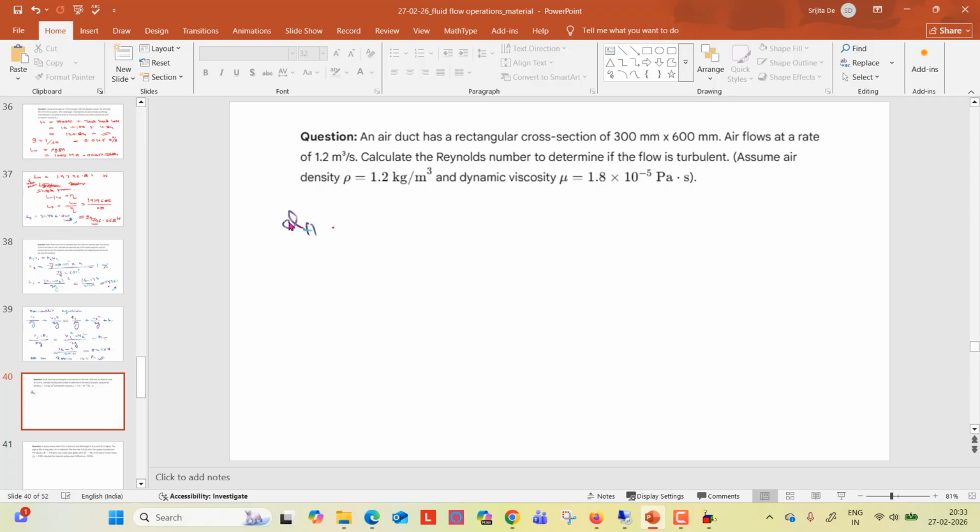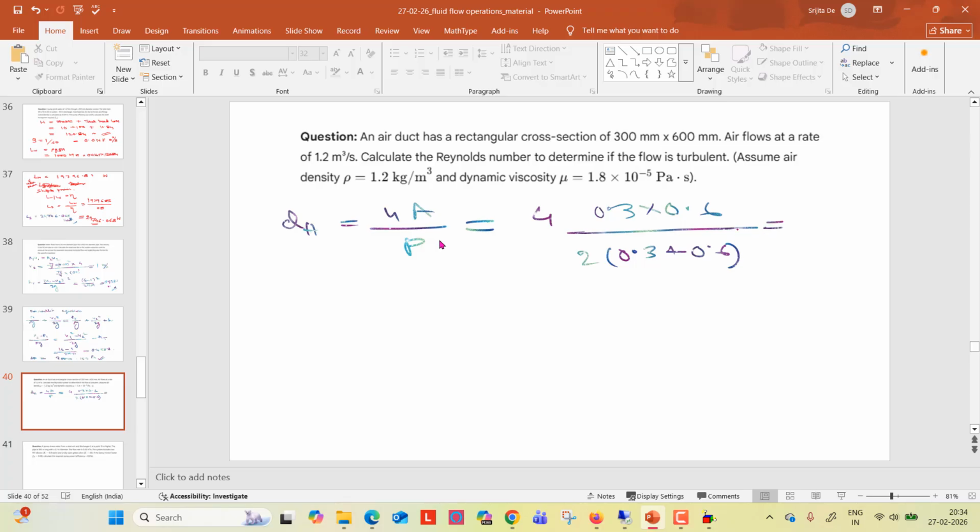Hydraulic diameter is given as 4A by P. For the rectangular air duct, it is 4 times 0.3 into 0.6, divided by 2 into (0.3 plus 0.6). So it is coming as 0.4 meter.